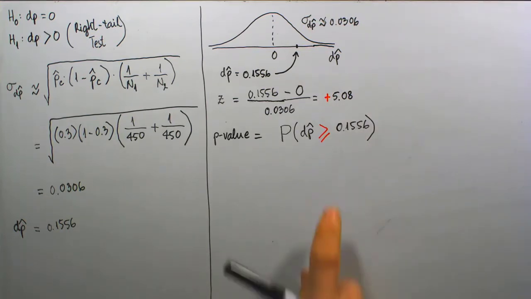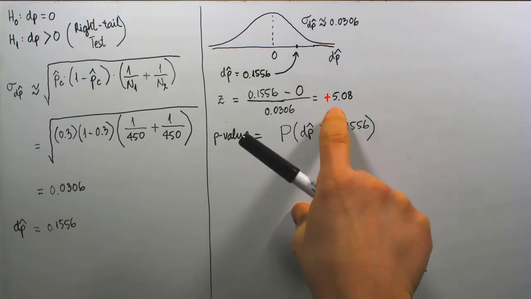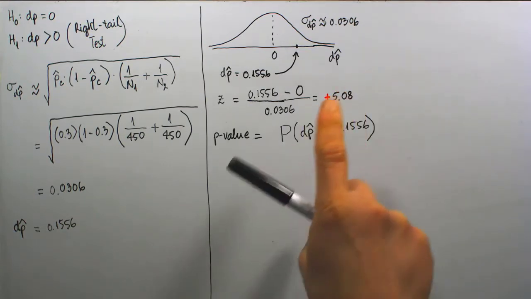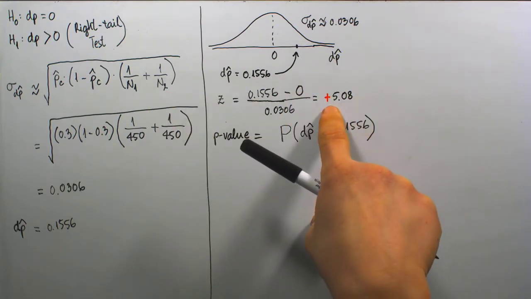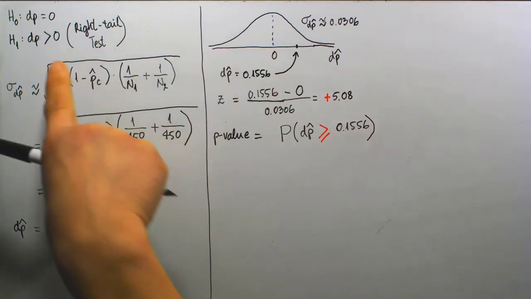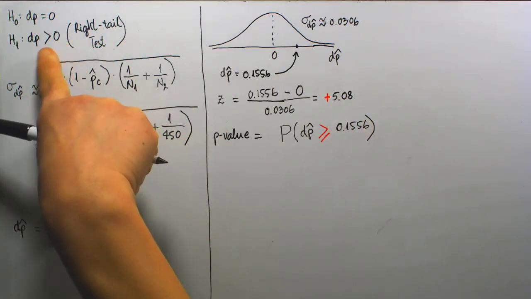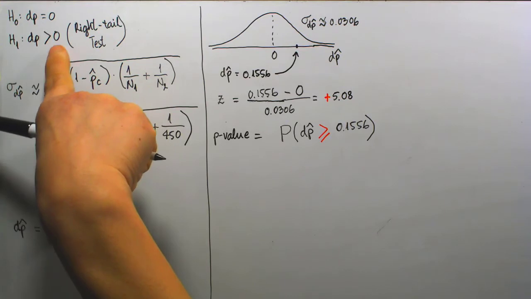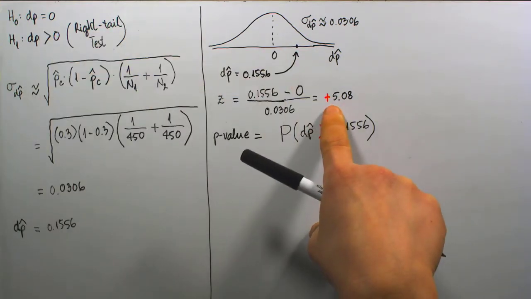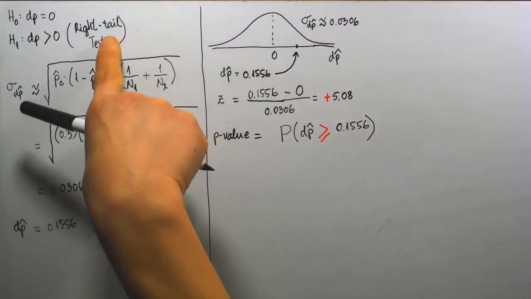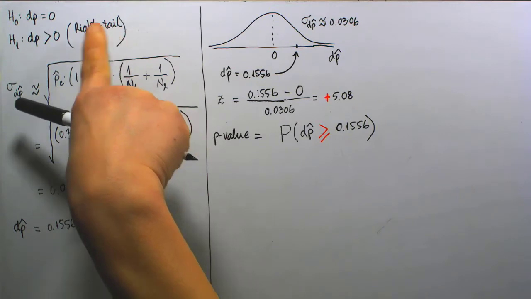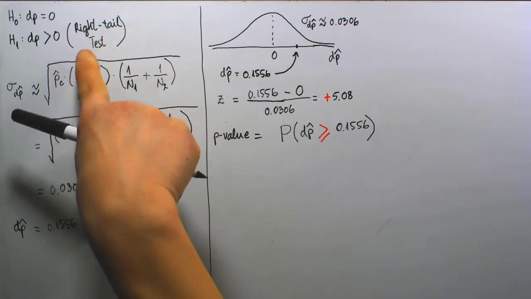And so now let me point out a couple other checkpoints for consistency right here. Again, this z-score being positive should be consistent with the fact that our alternative hypothesis is stating that we want to prove dp being positive, greater than 0. This z-score being positive should also be consistent with the fact that we have decided to run our test as a right-tail test.